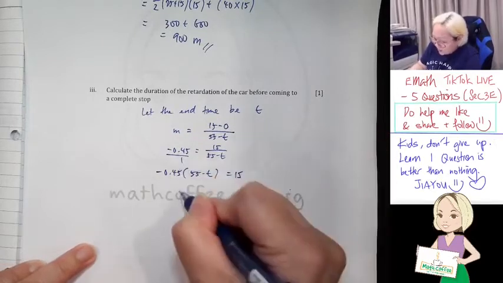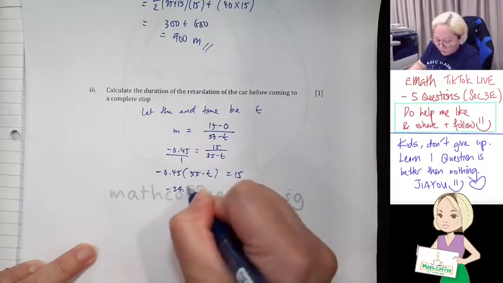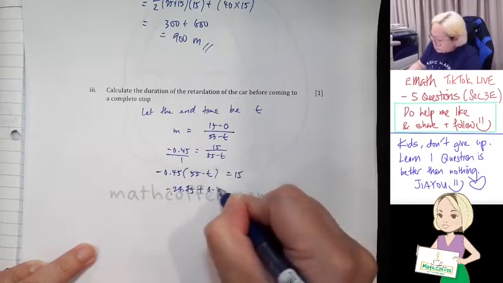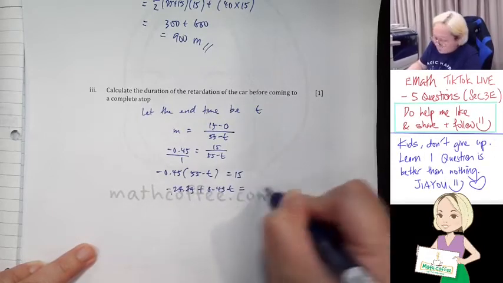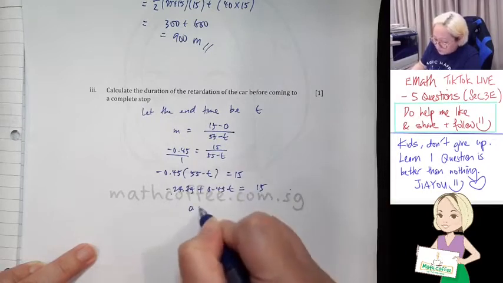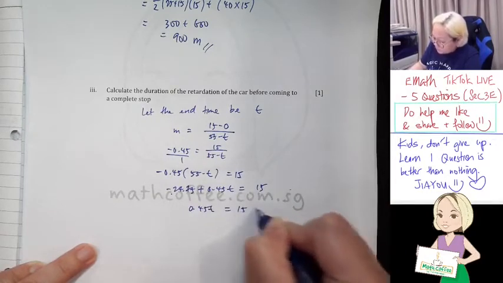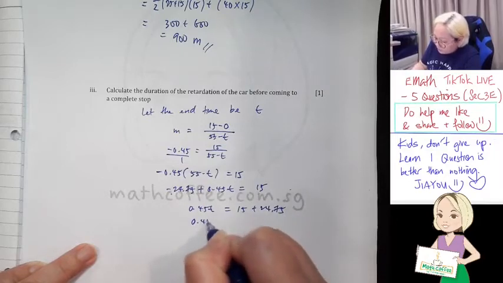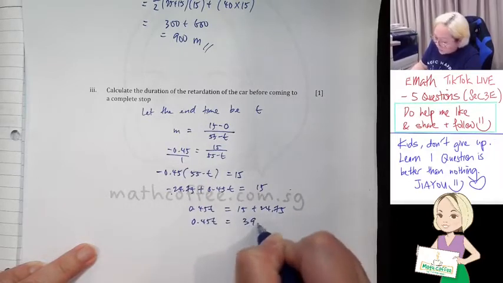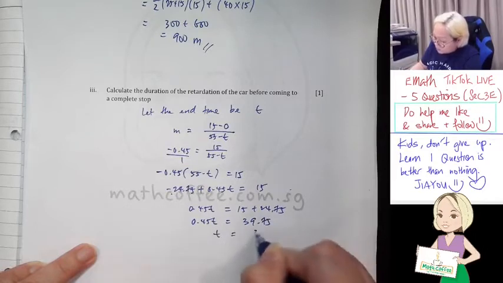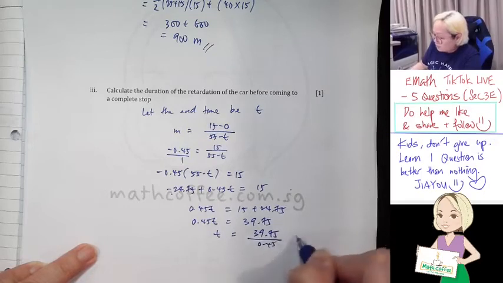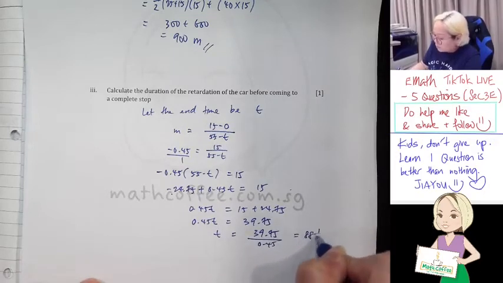So I will get minus 24.75 plus 0.45t equals to 15. 0.45t equals to 15 plus 24.75. 0.45t equals to 39.75. t equals to 39.75 divided by 0.45 equals to 88 and 1/3.